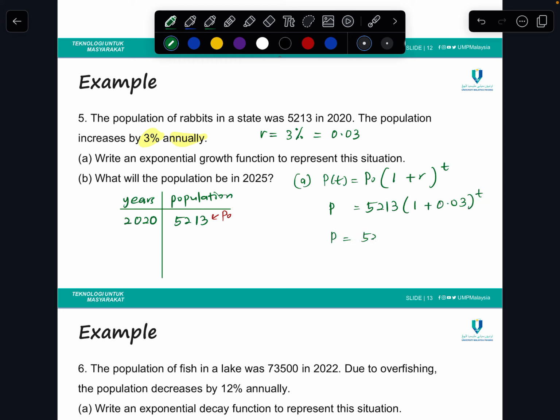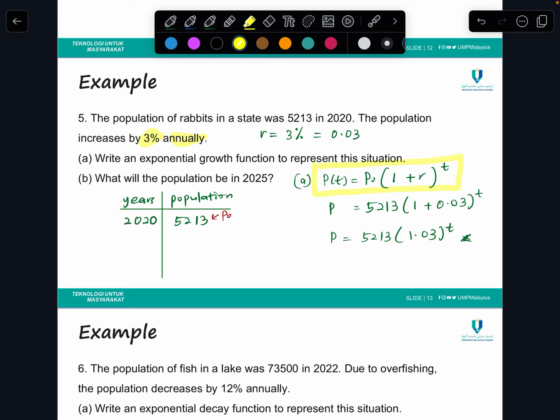Lastly, we need to simplify. This is 1.03 to the power of t. So this is the exponential growth function that we formulate. Again, you have to remember this format. Please use this format to formulate the problem.